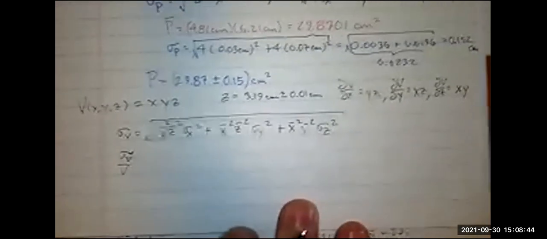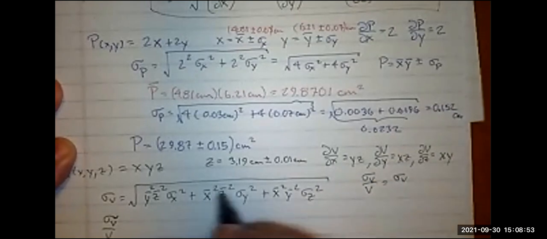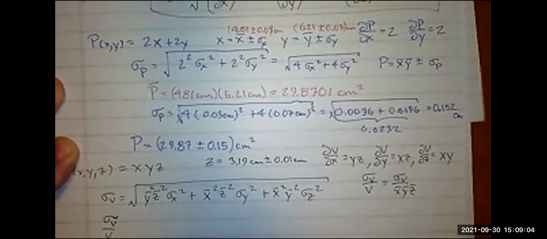the fractional error in V. Now the fractional error in V is just the uncertainty in V, which I just calculated, divided by X bar, Y bar, Z bar. And of course, if I want that inside the square root, I'm going to have to square all these. So I'm going to do this.